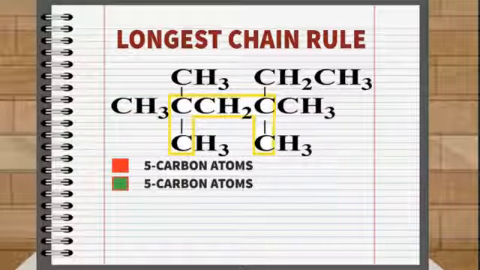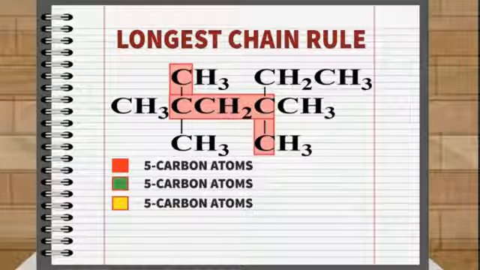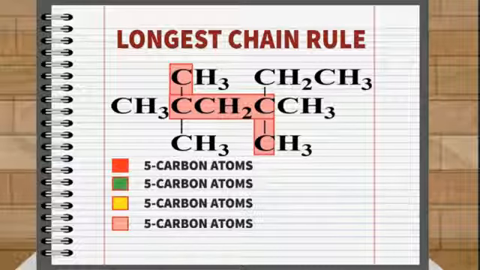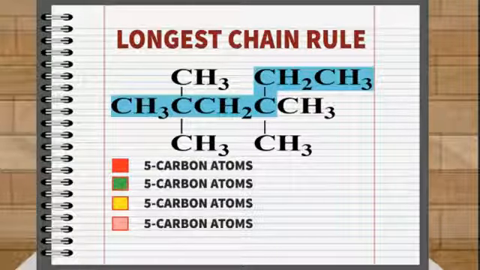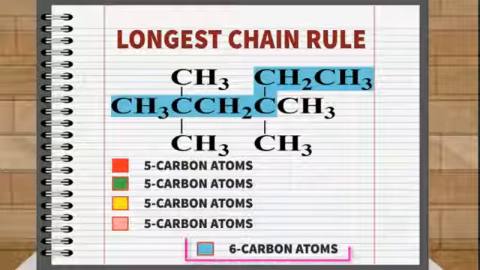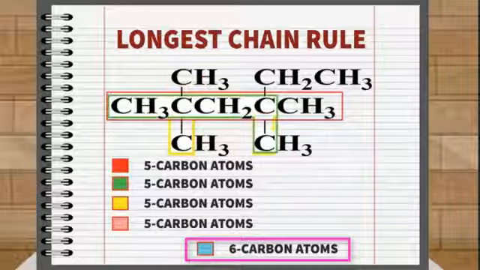And the third chain here is also made up of 5 carbon atoms. The fourth possible chain here is also made up of 5 carbon atoms continuously attached by single bonds. But when we consider the fifth chain here, you may find that the chain is made up of 6 carbon atoms continuously attached by single bonds. And so, this makes the longest chain.